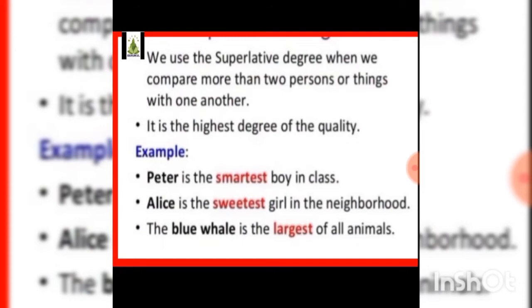Now here you can see the adjectives smart, sweet and large, but we have added est to make it superlative degree. Okay, children. So it has become the smartest when we added est. So it has become smartest, sweetest, and largest.